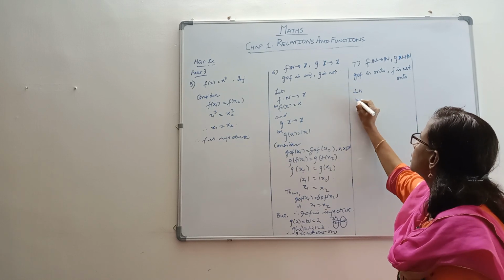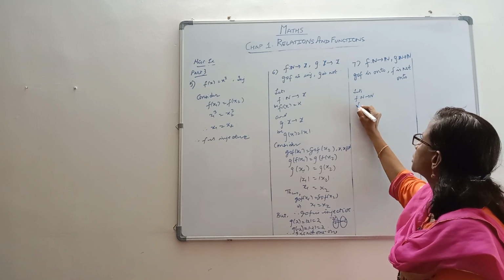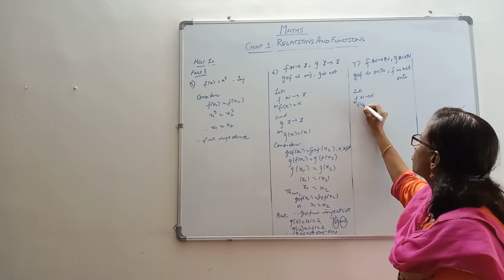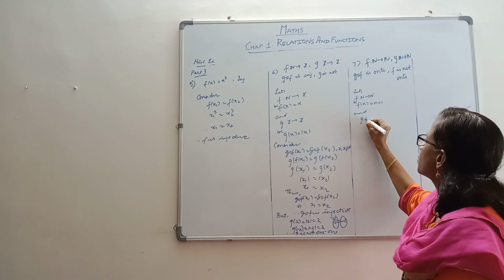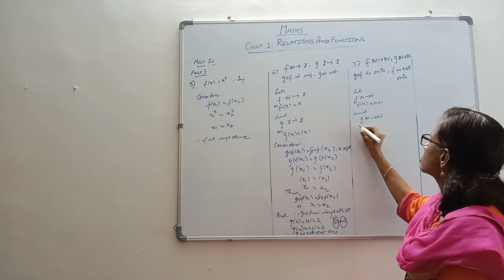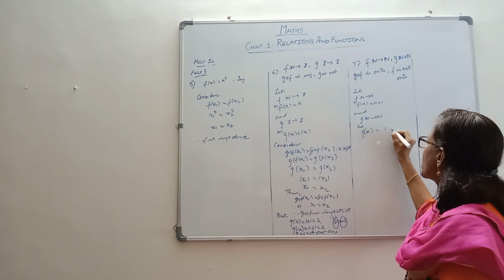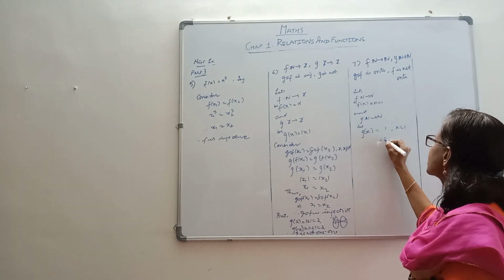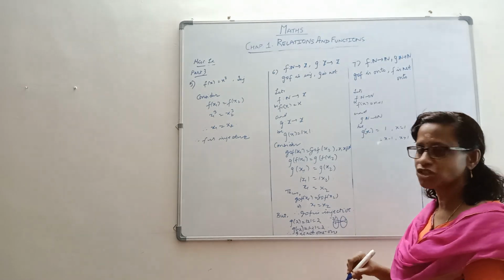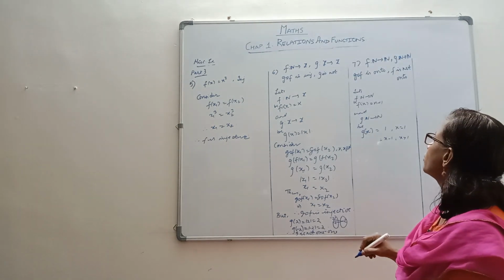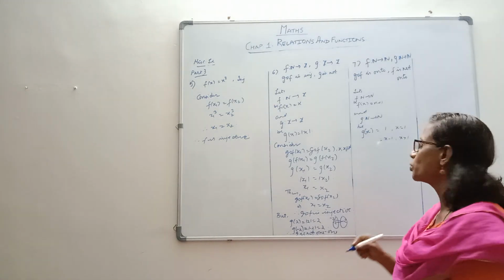Let f from naturals to naturals be defined as f of x equal to x plus 1, and g from naturals to naturals be g of x is 1 when x is 1 and is x minus 1 whenever x is greater than 1. That is the g definition. We have to show that g of f is onto. Let's understand these functions first, then it will be easier.